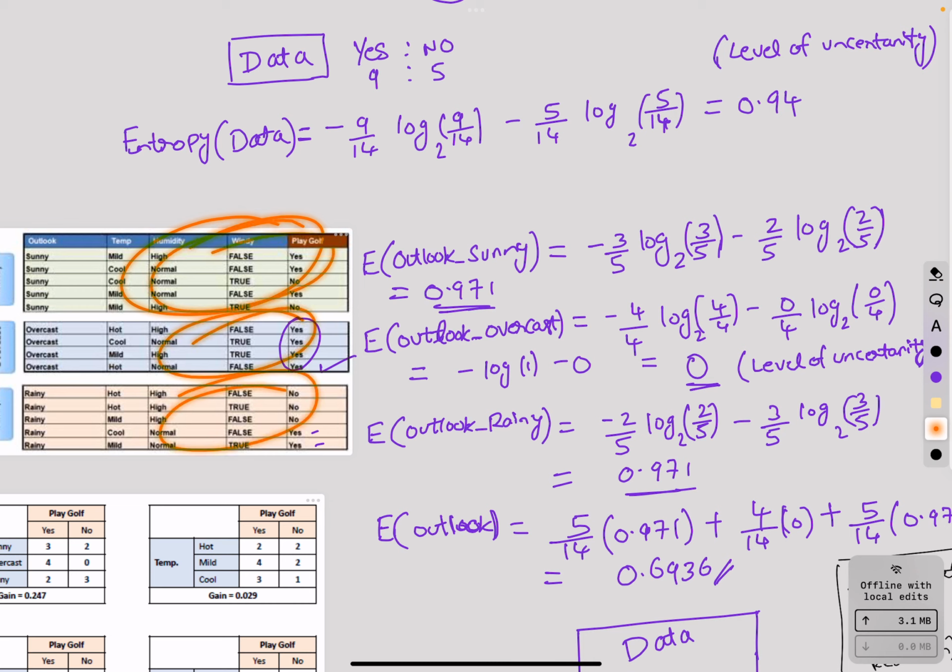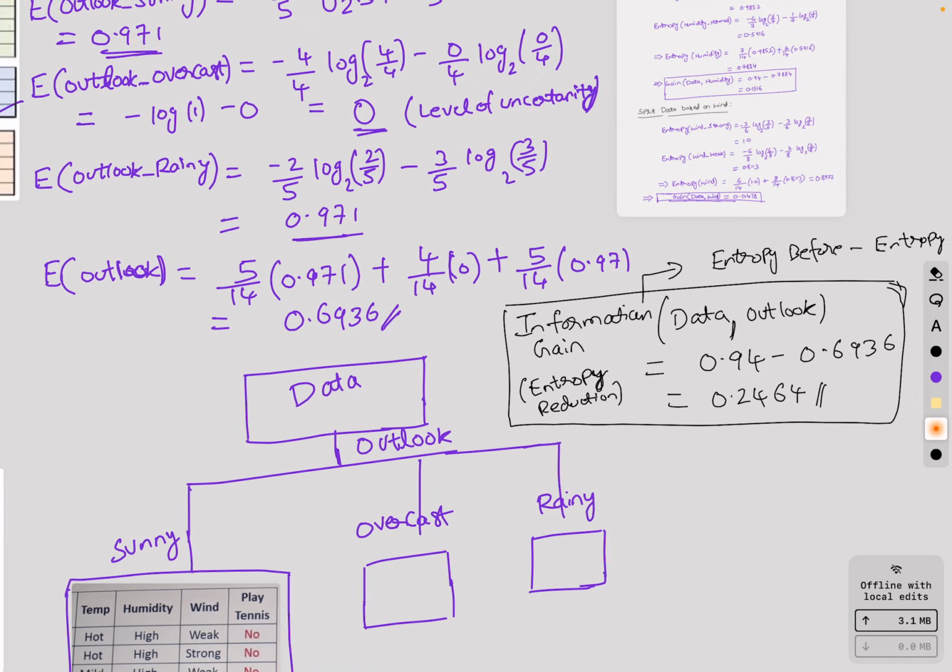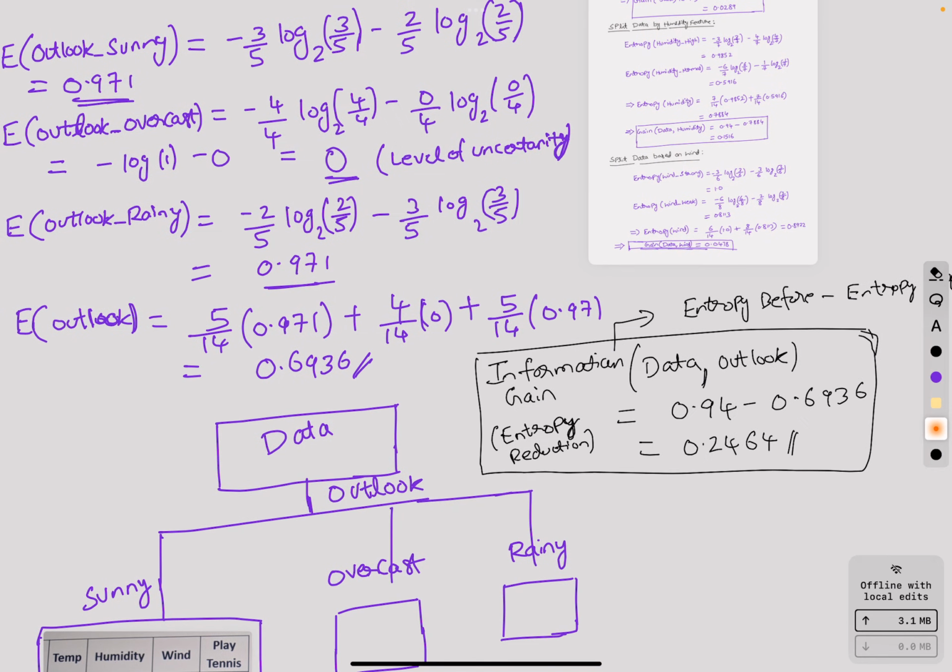In each subset, I look at the mode, which is taken as the prediction, so minus probability of yes into log probability of yes, minus probability of no into log probability of no. So entropy at each level will be found, and the overall weighted average entropy also will be found. The difference is the entropy reduction or information gain.